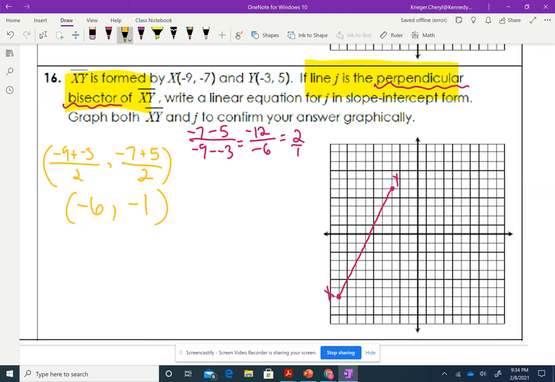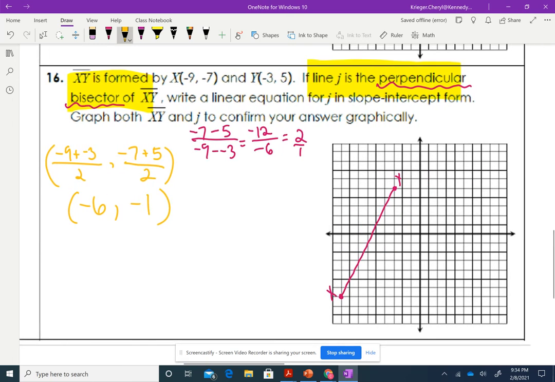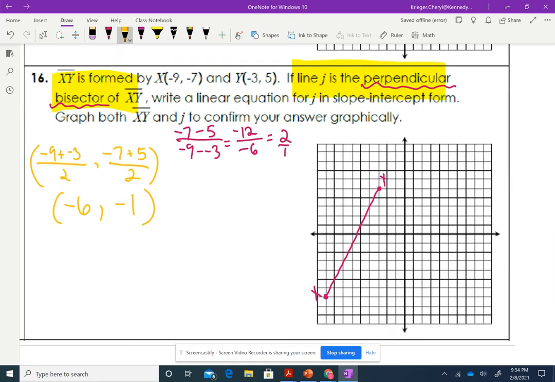That is one of the points of line J. Hopefully that's on my line. 1, 2, 3, 4, 5, 6, -1. Oh, it is. Good. Okay, so that point is on line J, which I guess I could have kind of guessed that anyway.